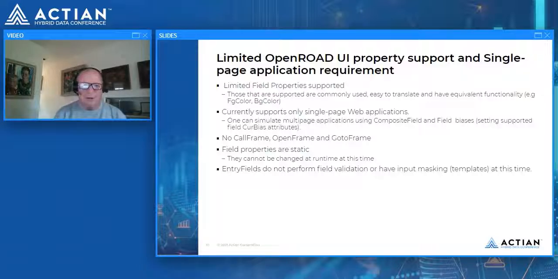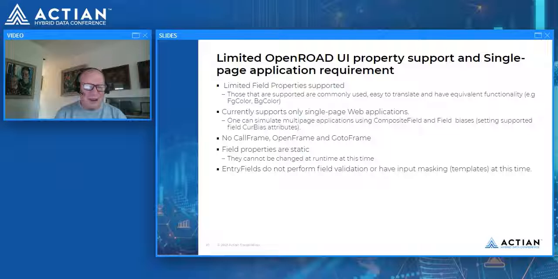Another thing is, right now, everything has to be what we call a single page application. We do not support call frames, open frames, and go-to frames. But to get around that, that's why we have cur bias.